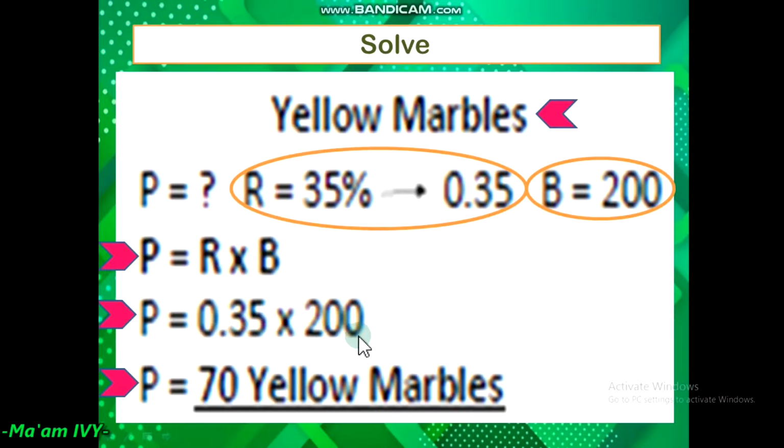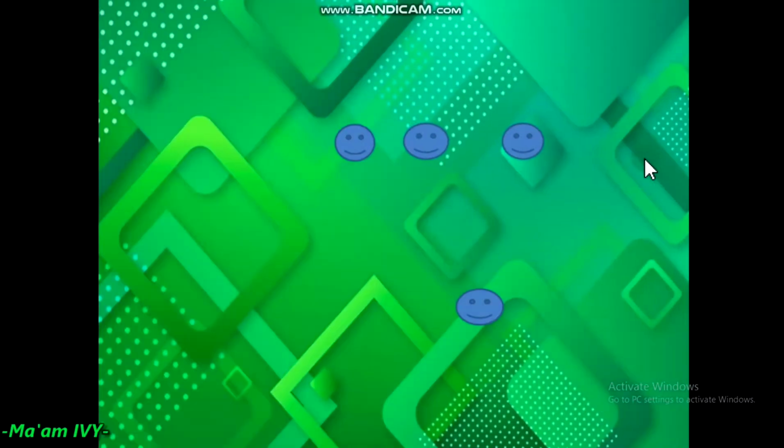After multiplying, the answer will be 70. So our final answer is percentage equals 70 yellow marbles. That is how we solve for the percentage, kids.